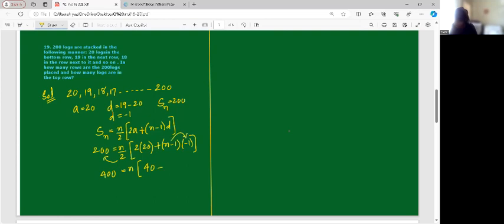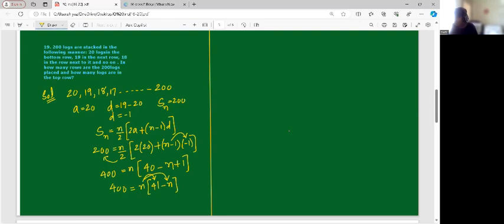200 2s are 400 is equal to n into 40 plus n minus 1 into minus 1. It's n minus 1 times minus 1, which gives minus n plus 1. So 400 is equal to n into 40 plus 1, which is 41 minus n. Now this n will multiply with this 41 and with this n also.